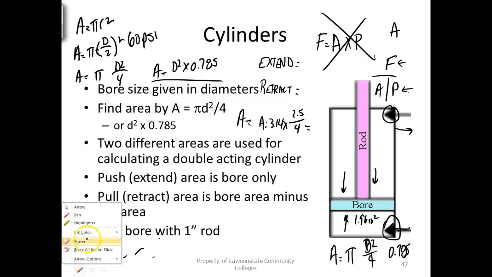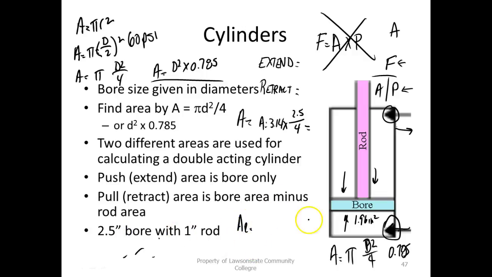So the area of the rod would be equal to, what's the rod size? 1 squared times 0.785. Of course, 1 times 1 is what? So the area of the rod is going to be equal to 0.785 in this situation right here.